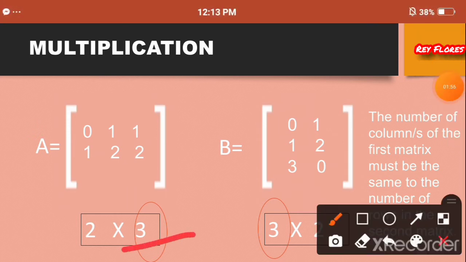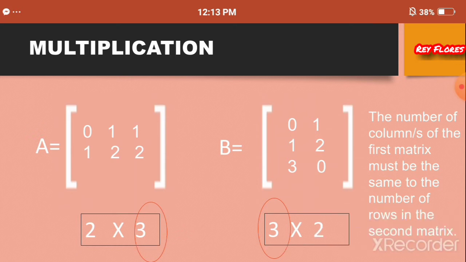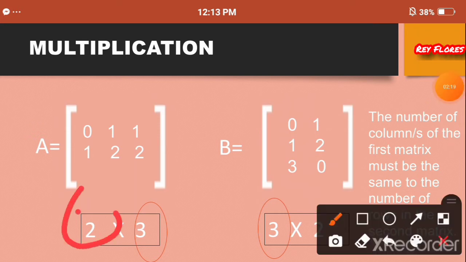This number here must be the same in order for us to multiply the given matrices. These two numbers determine if the two matrices are applicable for multiplication, and the remaining numbers serve as the size of the product of the two matrices.